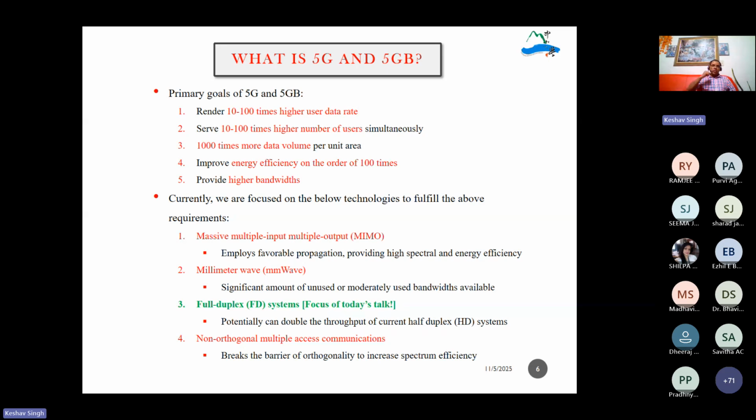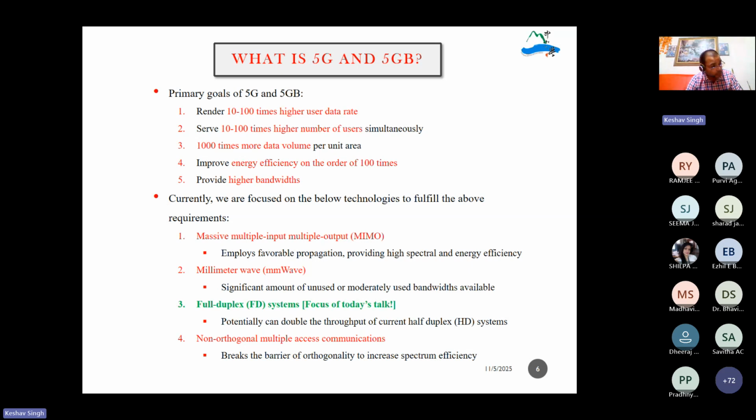So if you are going from place A to B and coming back from B to A, you could require, let's say, 2 days. But now, with a double track, maybe just 50% of the time. So here, if you manage the self-interference, the full duplex system has the ability to double the throughput of the current half duplex.